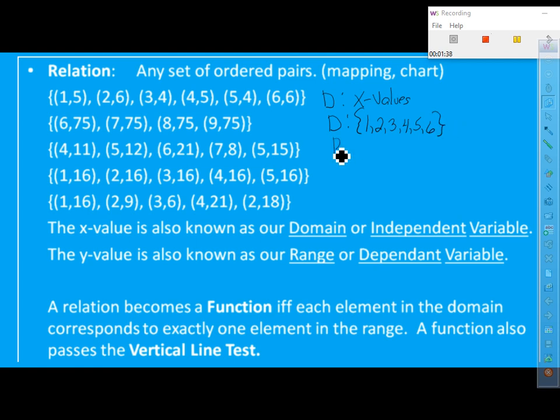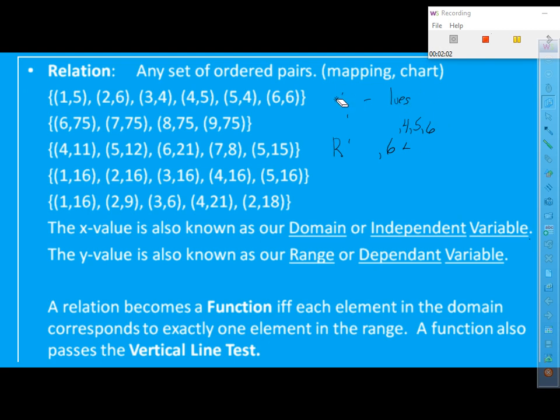The range is simply the y values. So in this case, the range would be 5, 6, 4. I don't need to list the 5 again. I don't need to list the 4 again. I don't need to list the 6 again. So there's the range. So guys, the domain is simply the x values. The range is simply the y values. So I'm going to erase this one.